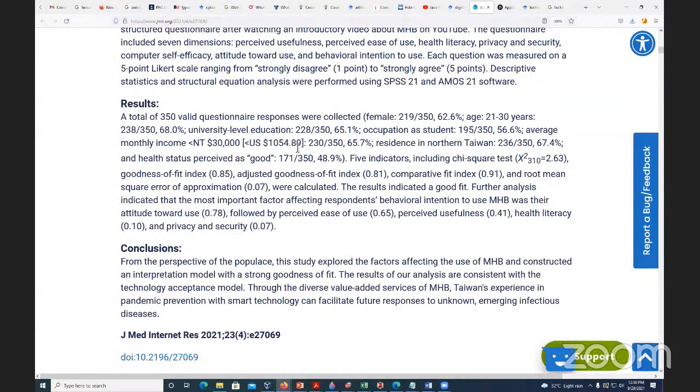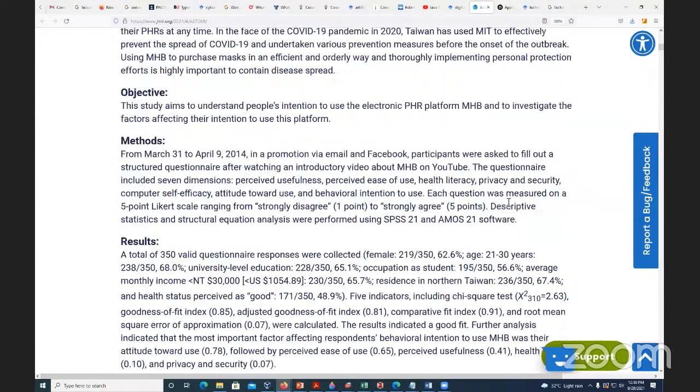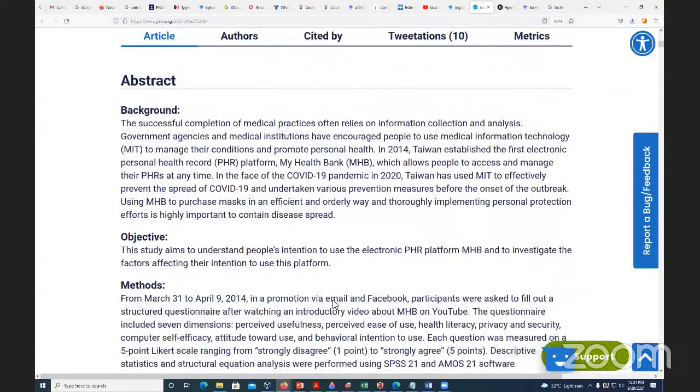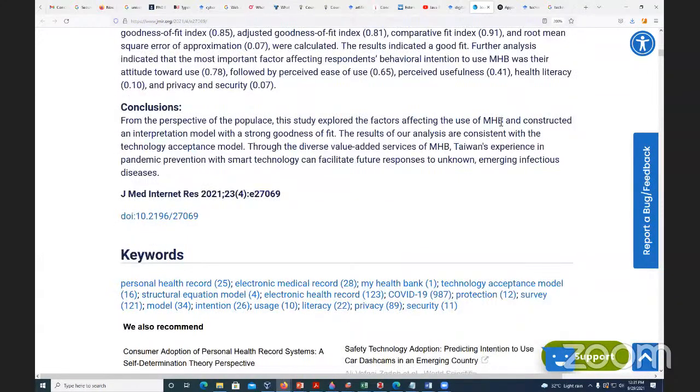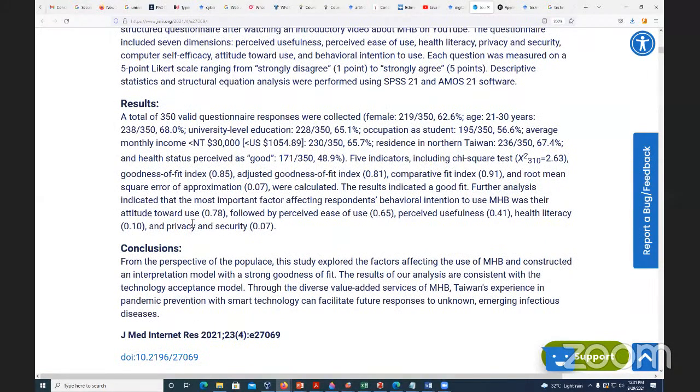They collected questionnaires from a whole bunch of people, and at the end they said that further analysis indicated the most important factor affecting respondents' intention to use My Health Bank. What's the conclusion? It was attitude towards use, followed by perceived ease of use, perceived usefulness, health literacy and privacy. These are the factors that affected their intention to use My Health Bank.